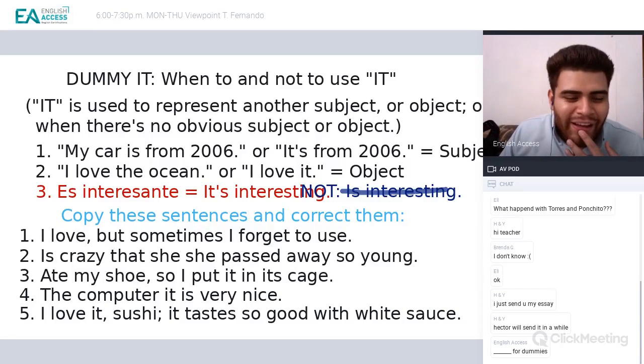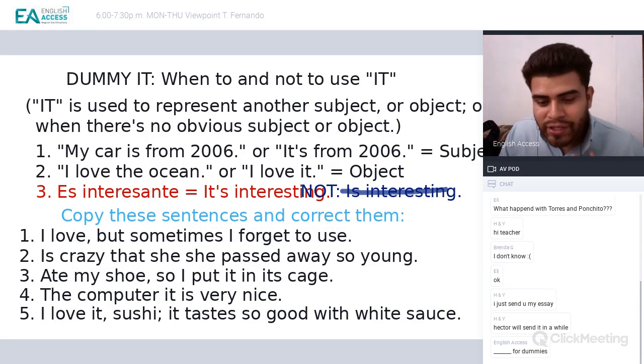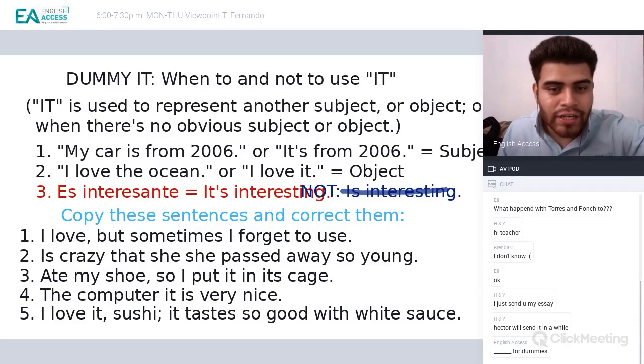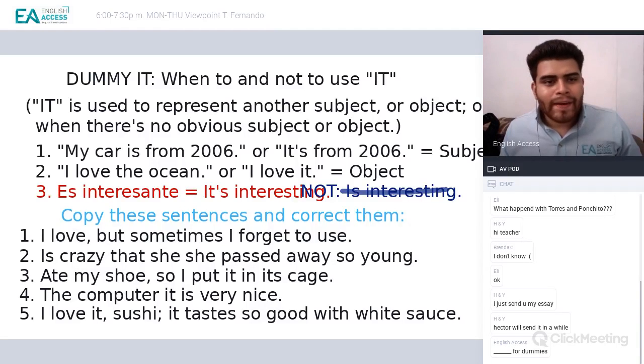Now, it's a little confusing because sometimes in Spanish you don't have a subject. You don't have a subject in the sentence, but in English, a subject is always required to make a complete sentence. So let's begin.